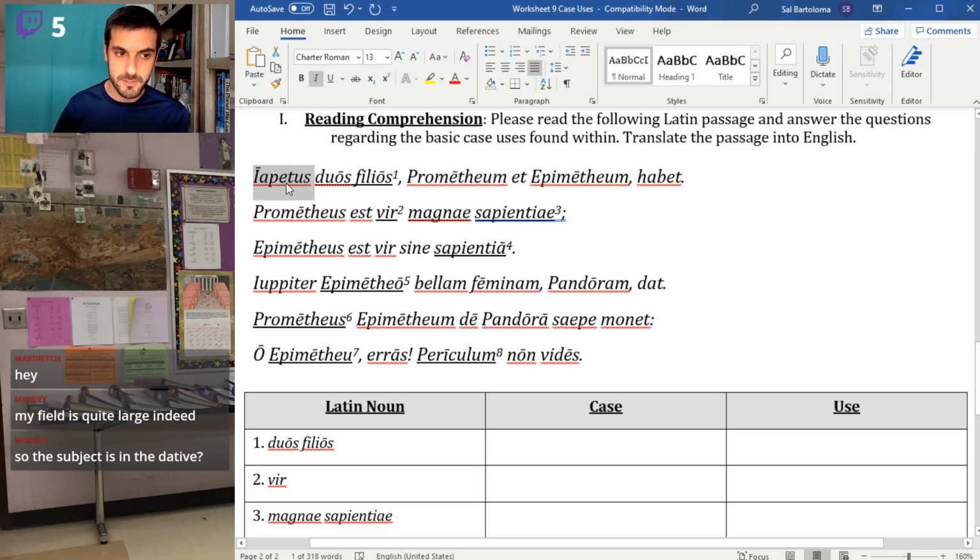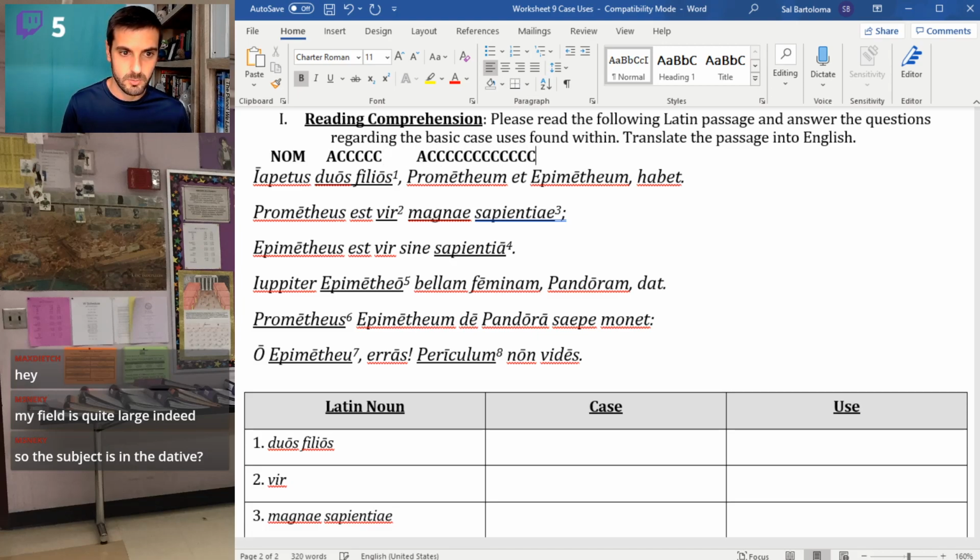So we have some names, some characters to get out of the way first. So Iapetus, he's in the nominative case, which makes him my subject. Next words I get here are duos filios. They're in the accusative. Prometheum et Epimetheum, those are all in the accusative case, right? So we have a nominative. We have an accusative.